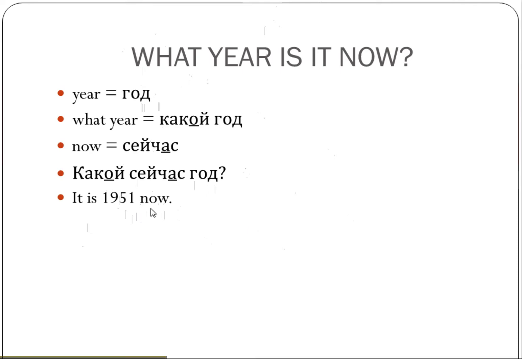It is 1951 now. In English, when I was studying English, it was very easy to work with numbers because we just break them into tens, and we have two numbers here, 19 and 51, and it's all very easy. Unfortunately, in Russian, just like with phone numbers, you can't read every digit separately.